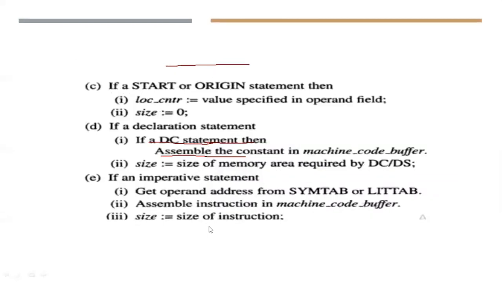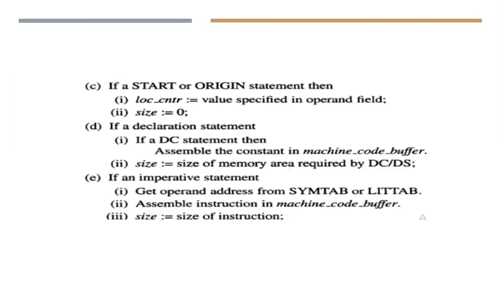Next is what to do if start statement or origin statement is encountered. Let me clear this annotation first. Okay. So whenever we encounter start statement or origin statement, then only one thing is to be done, that the value given by start or origin is assigned to location counter.